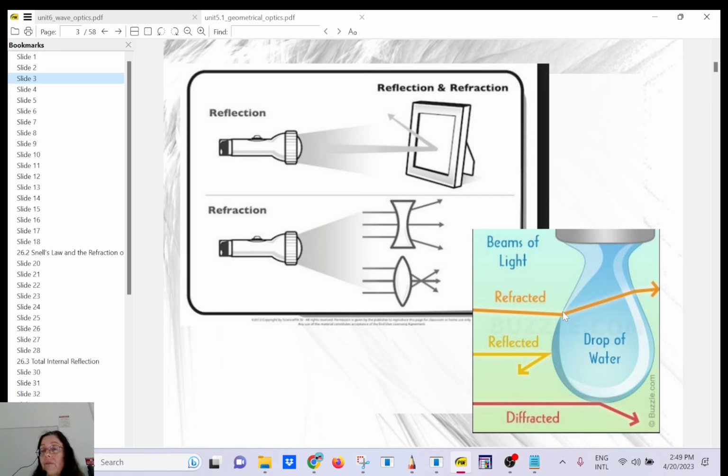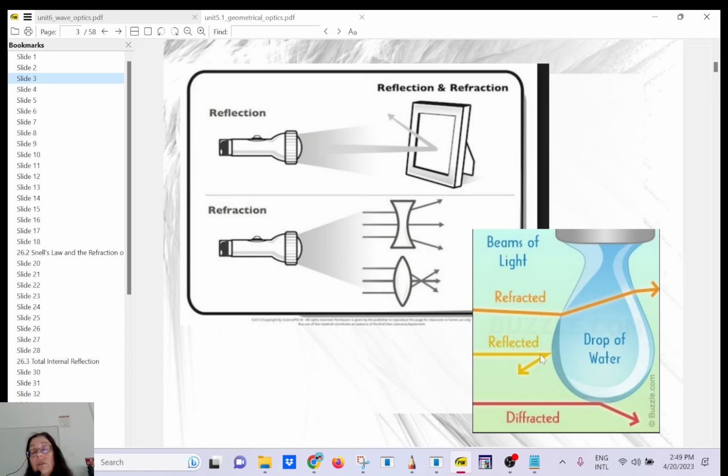But in a piece of glass, light will be refracted because light will slow down. And blue will slow down more than red, because they don't have the same wavelength. So refraction, I'm going to show you why, happens because light slows down when it goes through a piece of glass.